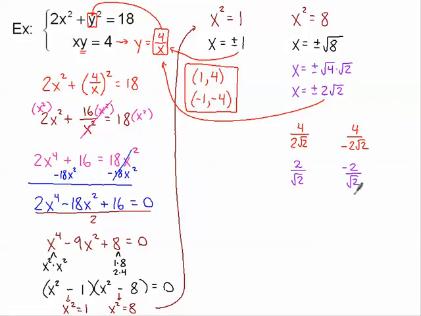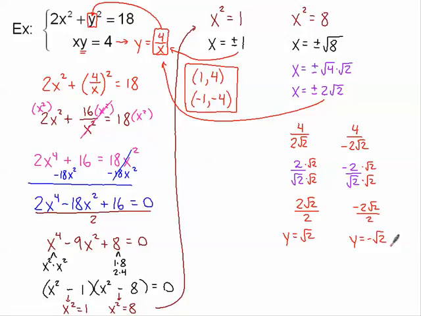Let's do a quick rationalizing, and then we'll be finished with our answers here. So I'm going to multiply by the square root of 2 over the square root of 2, so I'll have 2 square roots of 2 over 2, which actually we can reduce one more time, and we get square root of 2. So my first y is equal to the square root of 2. When I multiply by the square root of 2 over the square root of 2 here, I get negative 2 square root of 2 over 2, which again can reduce to negative 1 square root of 2.